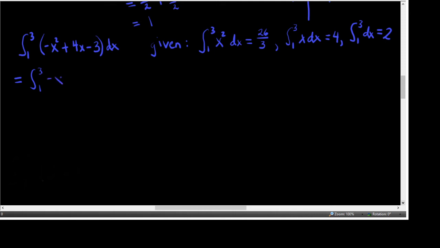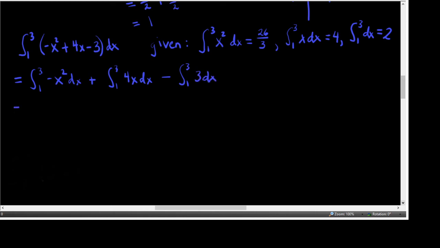This will be the integral of the opposite of x squared dx from 1 to 3, plus the integral from 1 to 3 of 4x dx, minus the integral from 1 to 3 of 3 dx.